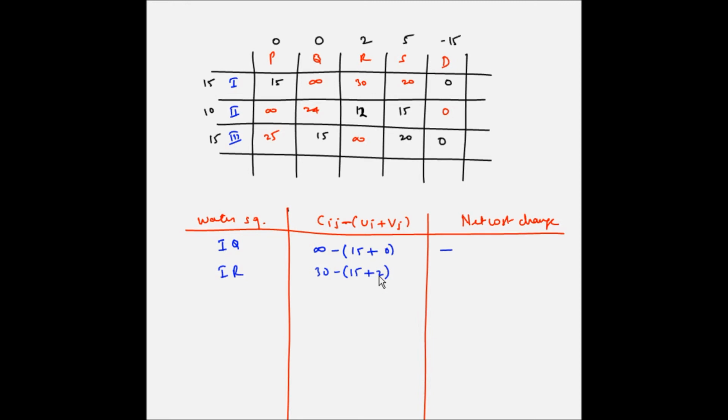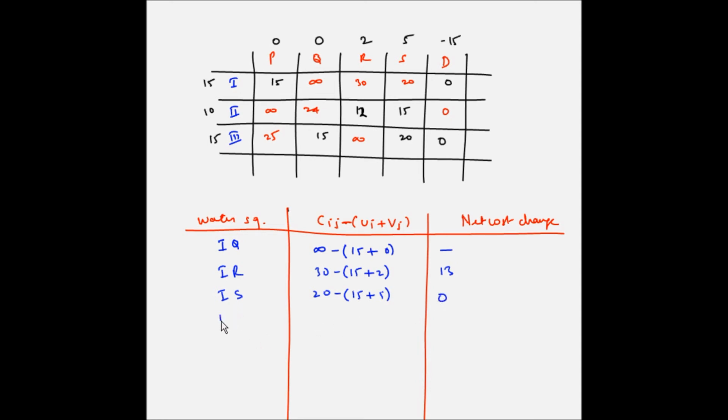So 15 plus 2 is 17 and 30 minus 17 is 13. The next water square is 1S. Cij is 20, Ui is 15 and Vj is 5. So 15 plus 5 is 20, 20 minus 20 is 0.